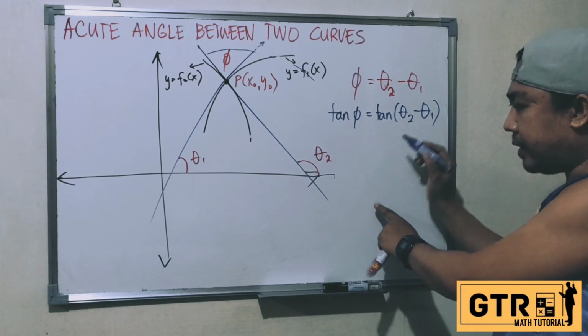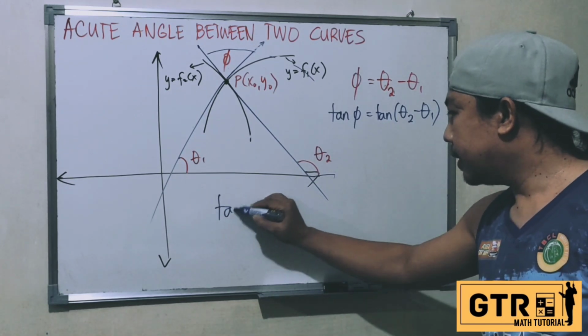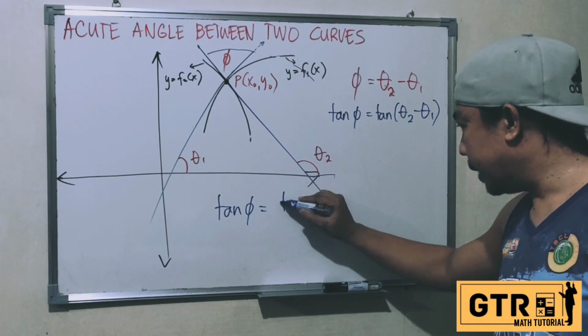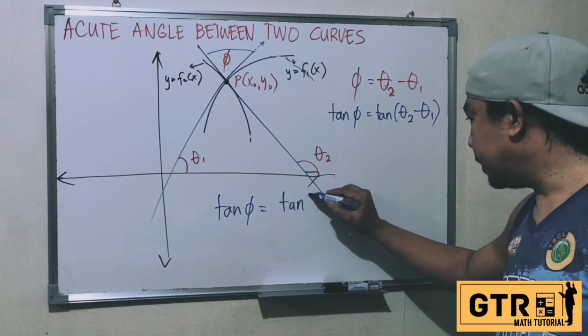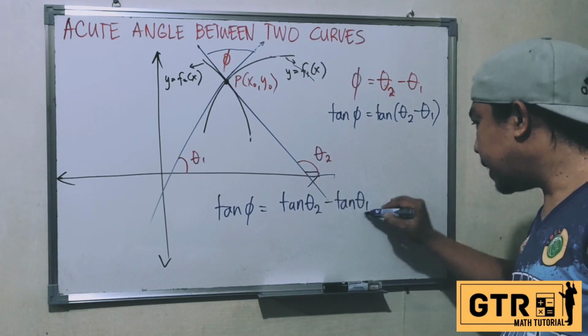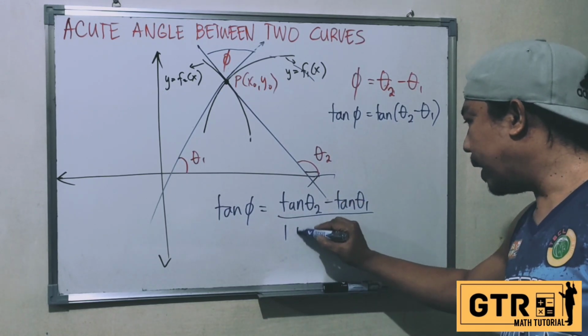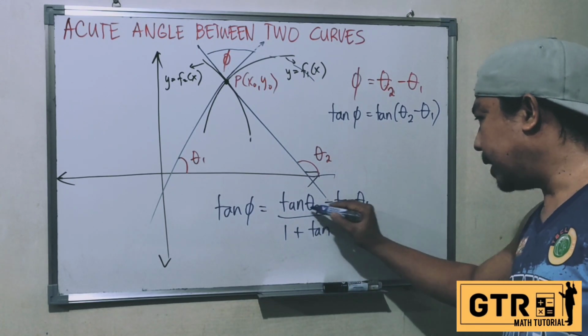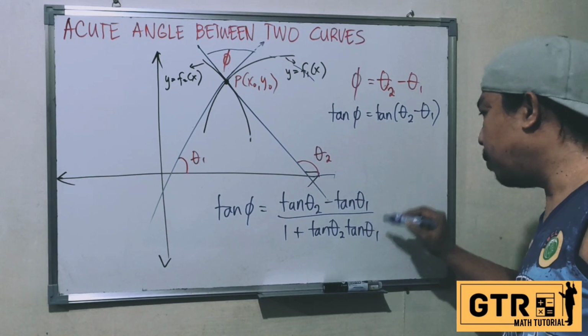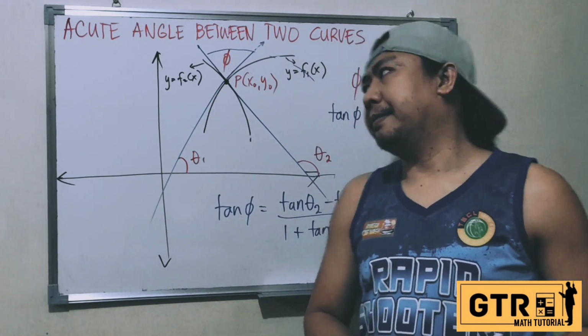So tangent P is equal to tangent theta sub 2 minus tangent theta sub 1 over 1 plus tangent theta sub 2 times tangent theta sub 1. That is an identity.